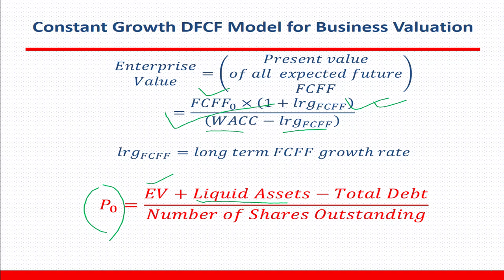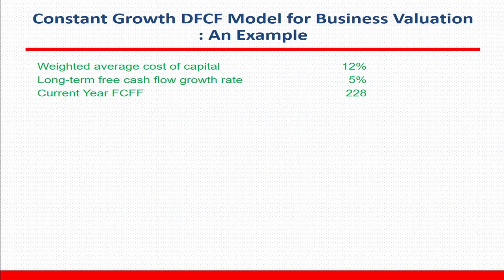So here I have an example, and I'm assuming that there is a firm whose weighted average cost of capital is 12%, the long-term free cash flow growth rate is 5%, and the current year's cash flow is 220. Given this information, what is the value of this business?